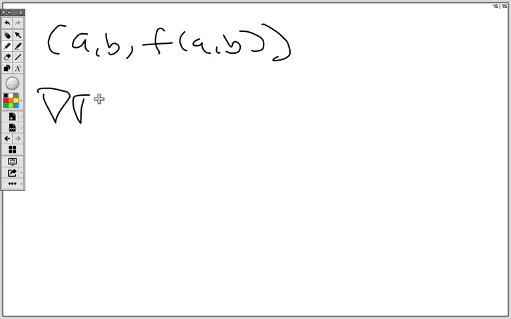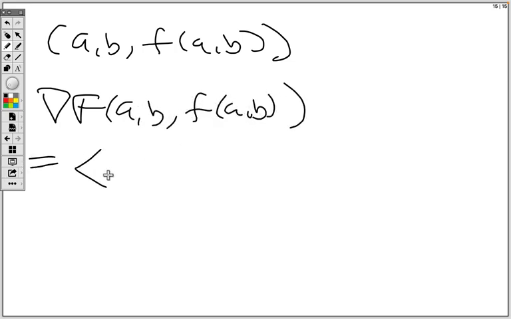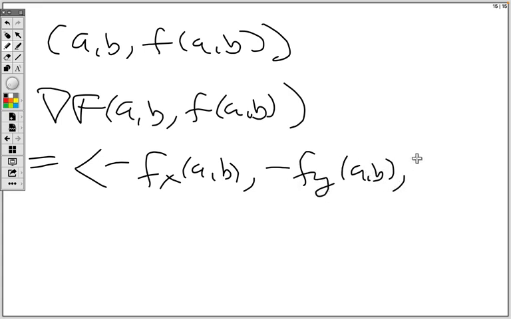If I'm looking at the point on the surface a comma b comma f of ab, and I look at the gradient of capital F, I would get minus fx at ab, minus fy at ab, 1. And so to get the tangent plane, what would I do?